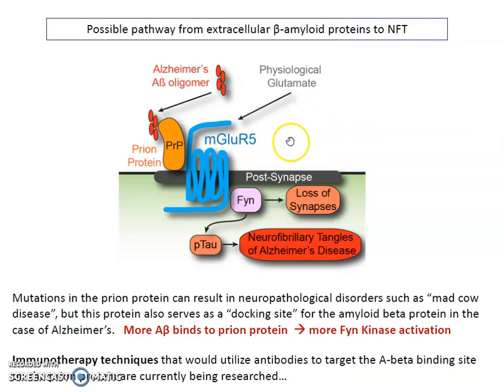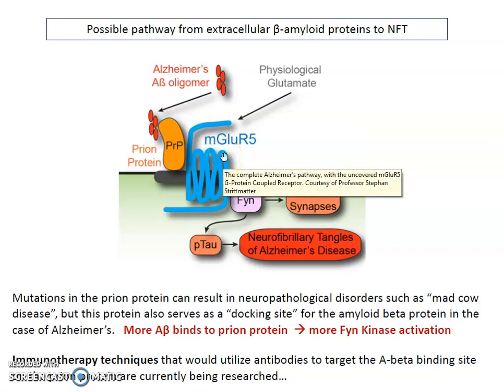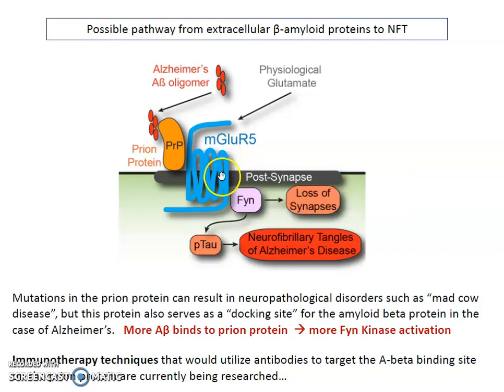More, A beta binds to the prion protein, and as a consequence there is stimulation of the mGlu5 glutamate receptor, and as a consequence of the stimulation there will be kinase activation.